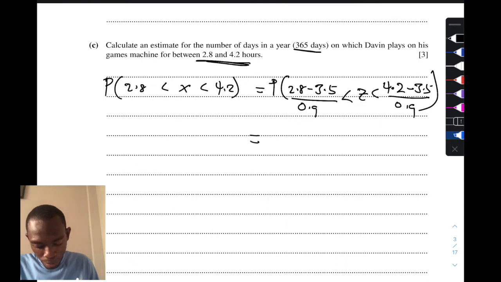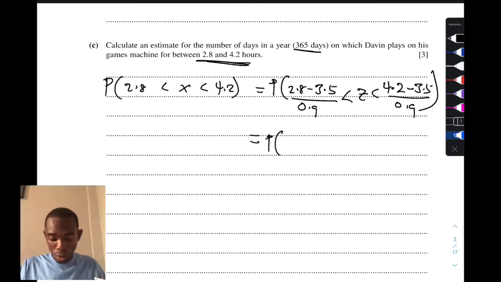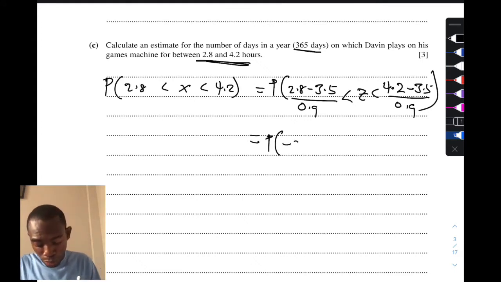So just grab the calculator and let's see. 2.8 minus 3.5 over 0.9 gives us negative 0.778.